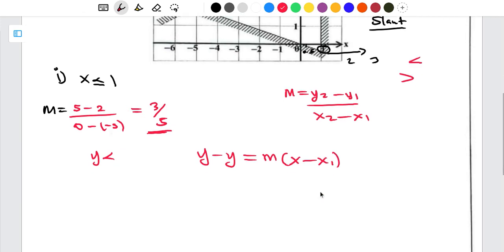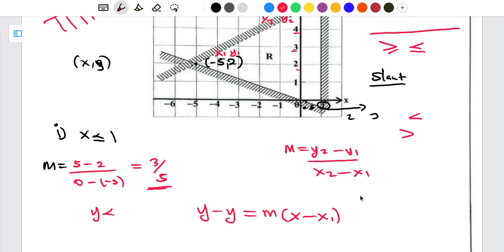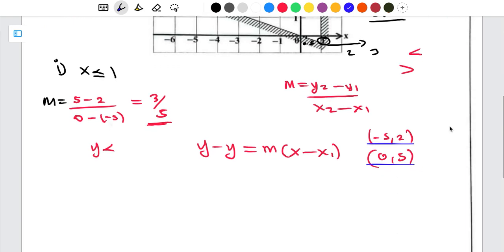So in this case, these coordinates that we have, like -5, 2, as well as 0, 5, you just have to take only one coordinate. Whichever coordinate you choose, you're going to get the same answer. So if I choose this one here, this is going to be my x1 and this is going to be my y1. Meaning here we don't have x2 or y2.